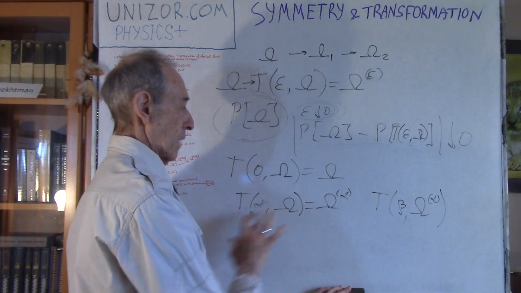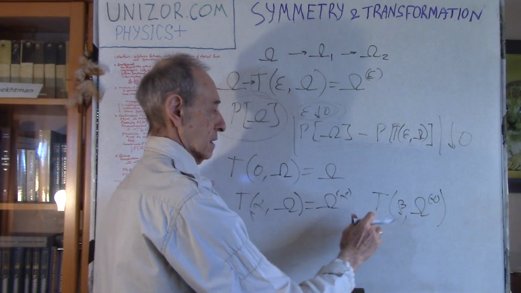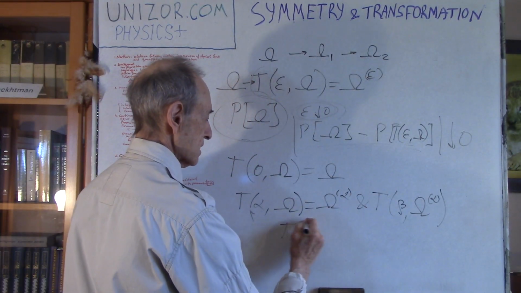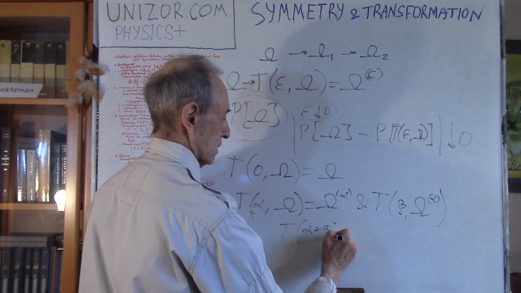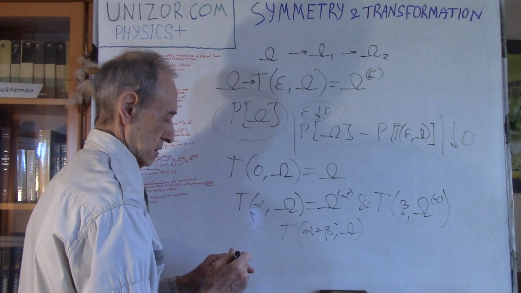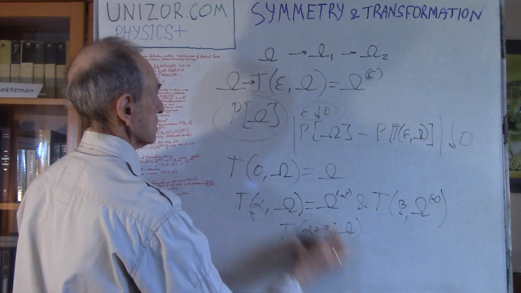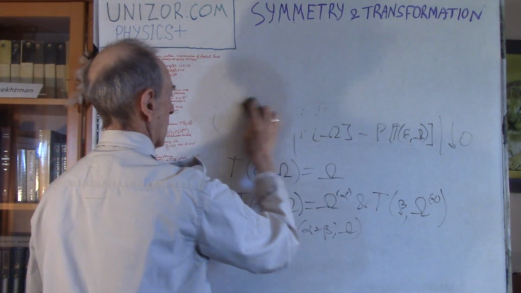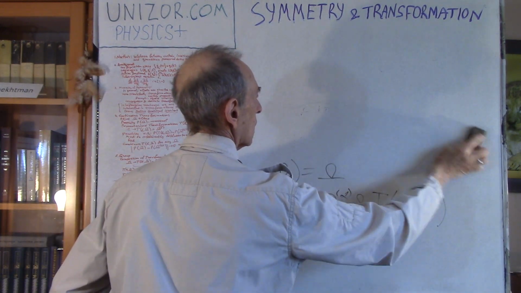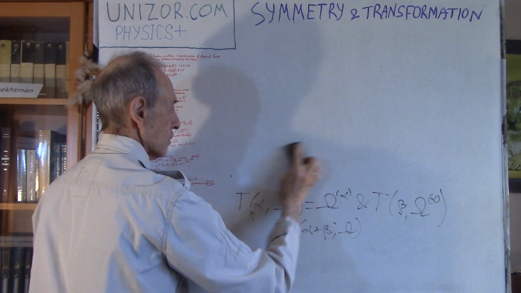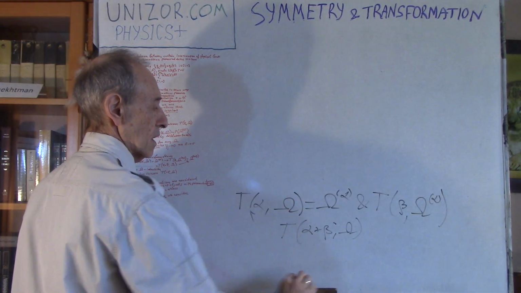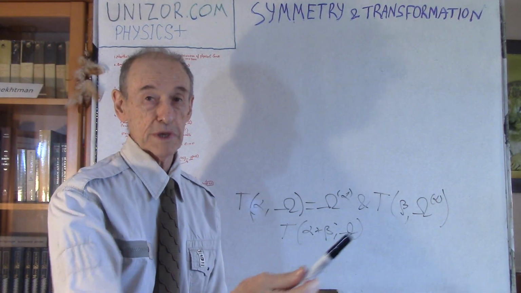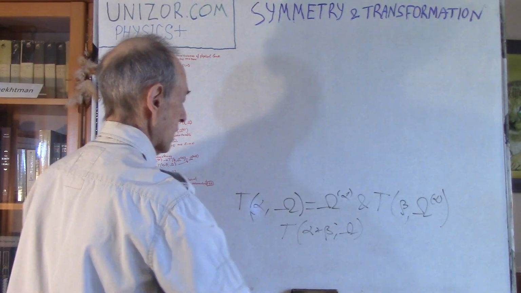So first you move it by alpha and then by beta. It's supposed to be the same as you move it by alpha plus beta. So I hope this is understood. Let me put it geometrically. Again, it's all related to physics, to the motion. If you move by 1 meter and then by 3 meters, it's the same thing as if you move by 4 meters, right? So that's what basically it's all about.